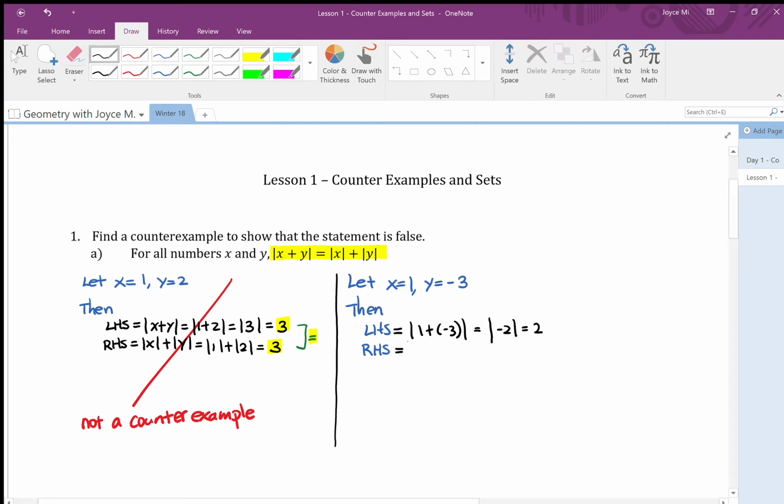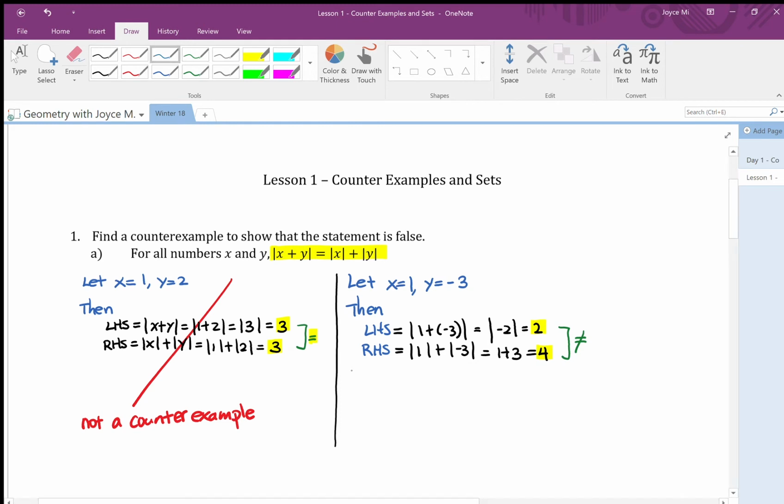I have the absolute value of 1 plus the absolute value of negative 3. That is equal to 1 plus 3, which gives me 4. Notice that 2 does not equal 4 here. So this is a counterexample because 2 does not equal 4. This is the instance that shows the given statement is false.